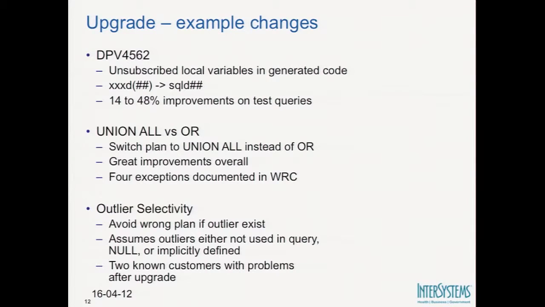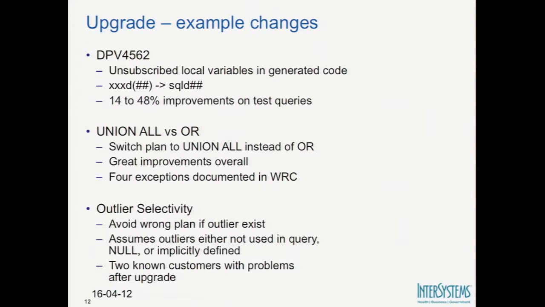A change with codename DPV4562. Right? It changes the way we generate the code of cached queries. Prior to that change, for storing some temporary variables, we would use single integer subscript arrays. Now we use just local variables that have the last few digits as numbers, right?